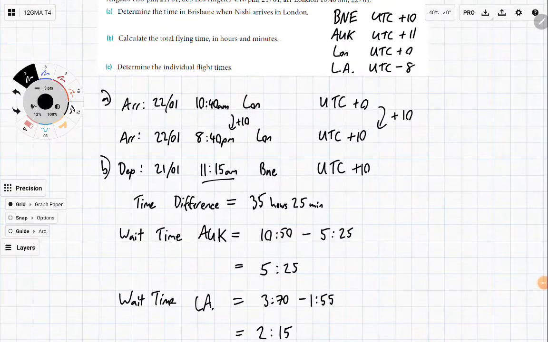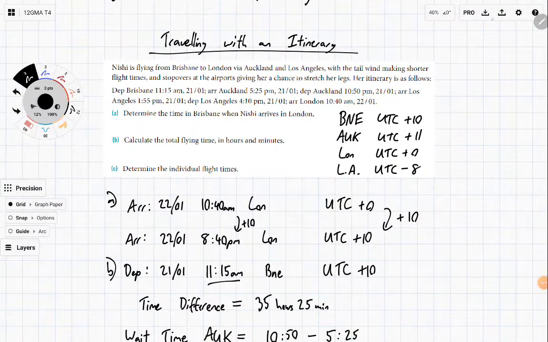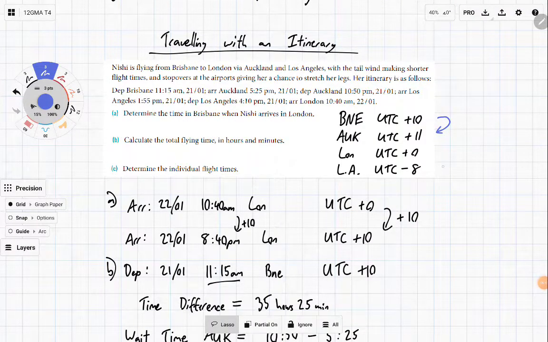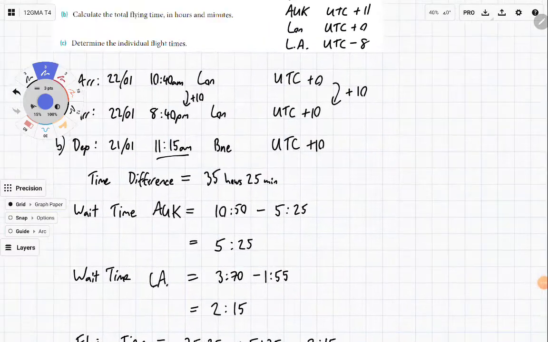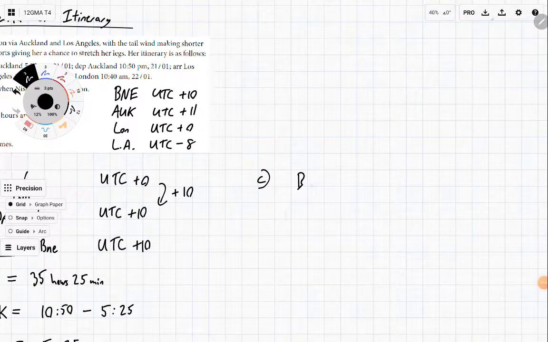And the last question asks us to determine the individual flight times. So remember, we've got several flight times that are actually happening. We've got Brisbane to Auckland, Auckland to LA, LA to London. So there's 3 flights in total, so we've got to work out each of them. So for part C, let's work out how long was the flight from BNE to Auckland. Alrighty.